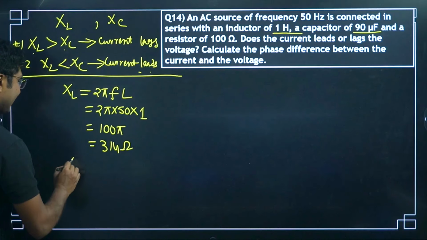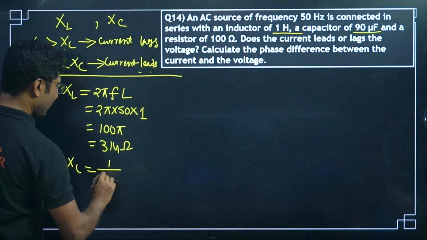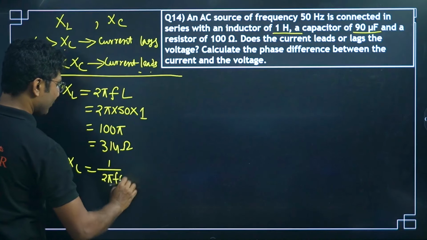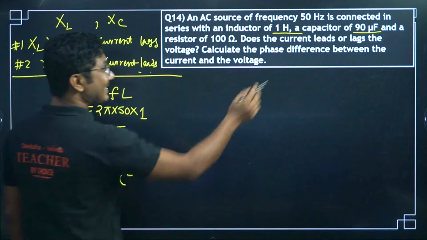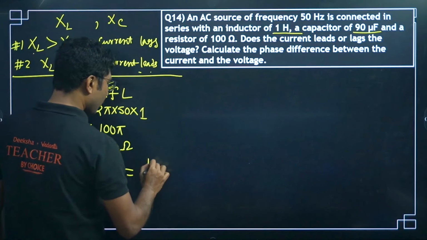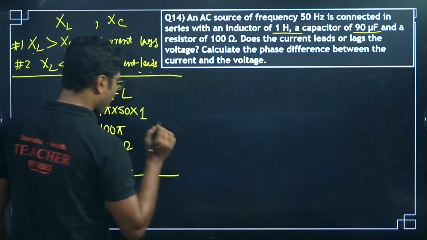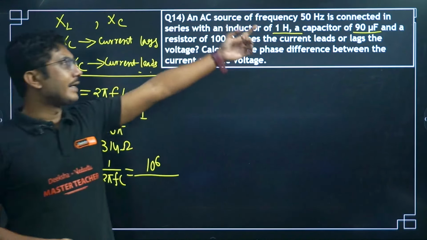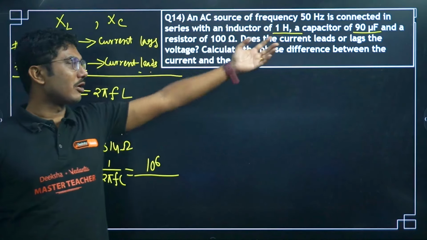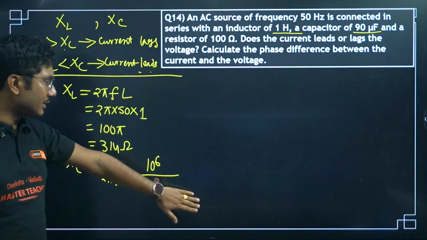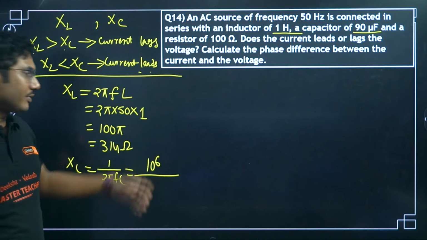Now, what about XC? XC is 1 by 2 pi F into C, where C is given in microfarad. So, micro means 10 to the power of minus 6, so it will go up always. You remember that micro means 10 to the power of minus 6, nano means 10 to the power of minus 9. It will be in the denominator, so it will transfer to the numerator.